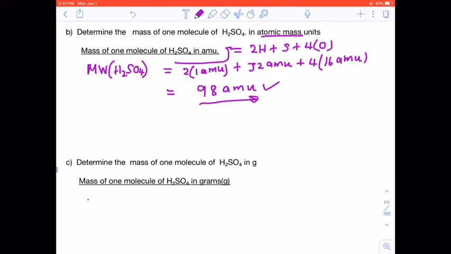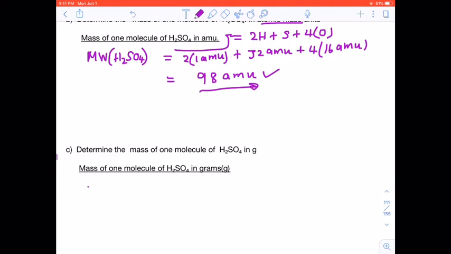So if I have the molecular weight of H2SO4, we know that it is equal to 98 atomic mass units.